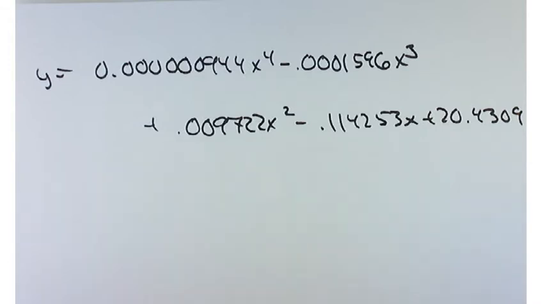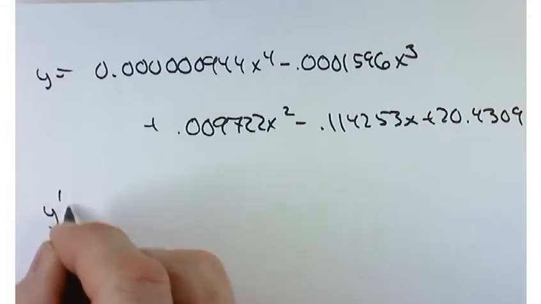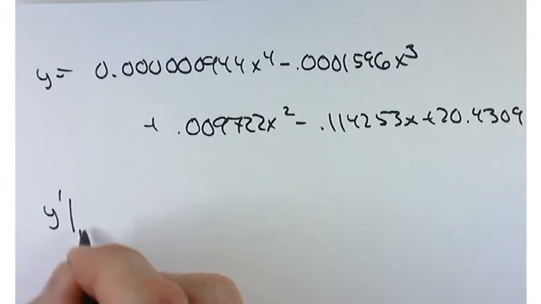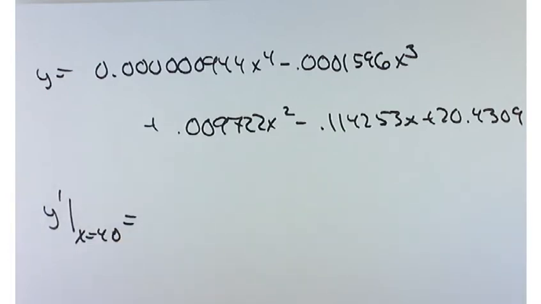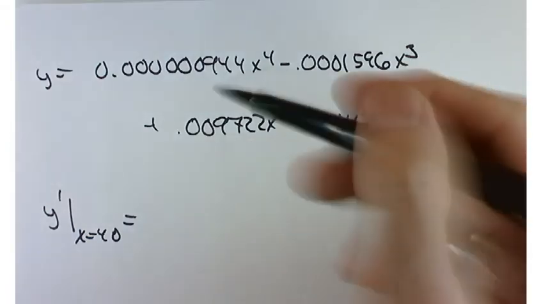So what would you do if you're asked to find the rate of change of date of marriage for women in 1990? Yeah, you plug 40 into y prime. So x equals 40 into y prime. Yeah, you have to find y prime.